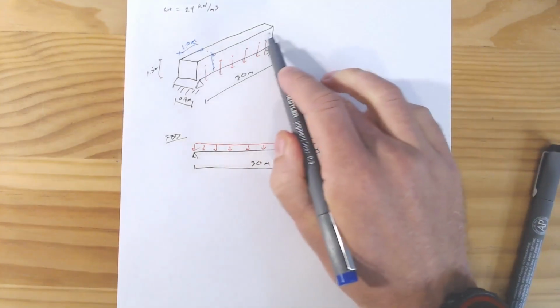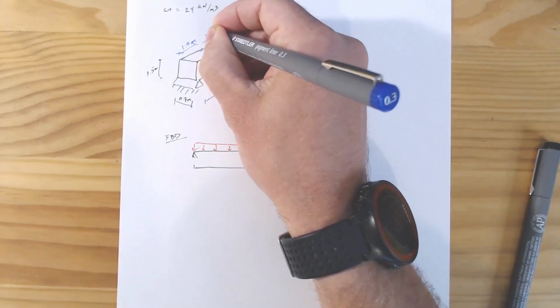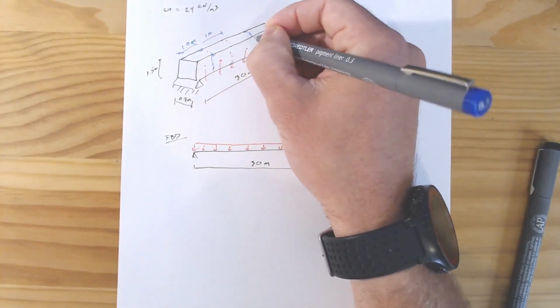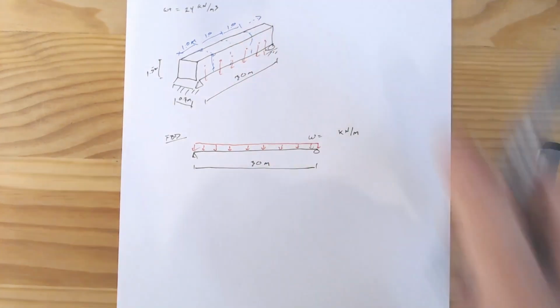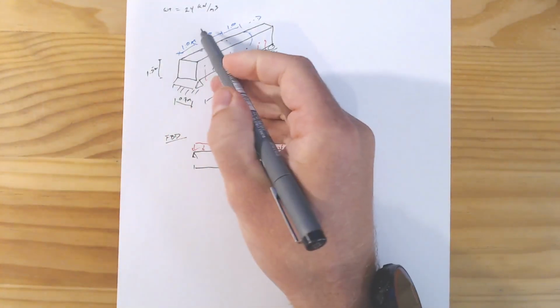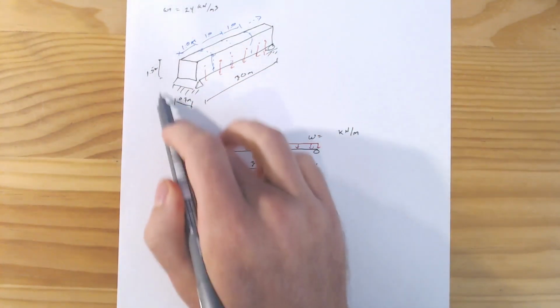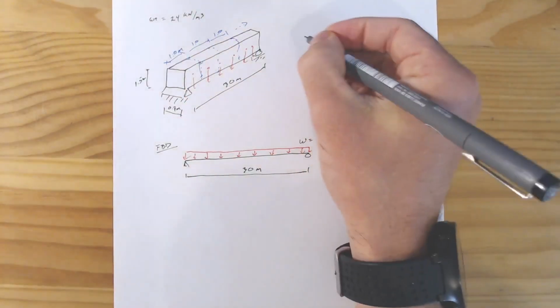And then that's going to be the same weight for that 1 meter, for that 1 meter, all the way down. So pretty effectively, all we have to do is work out, well, what's this weight times our cross-sectional area times 1 meter, so per 1 meter.